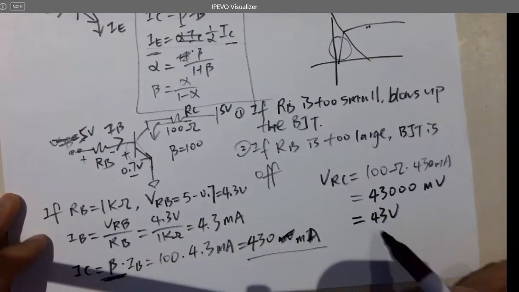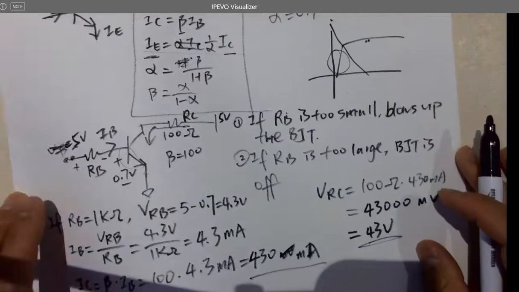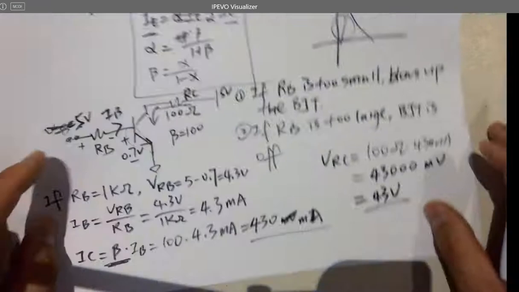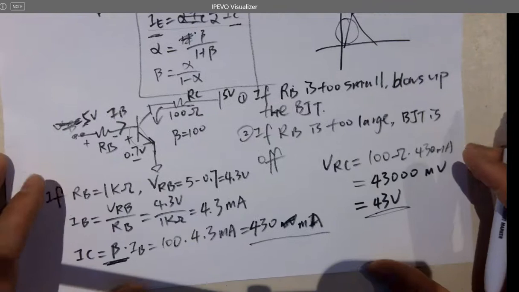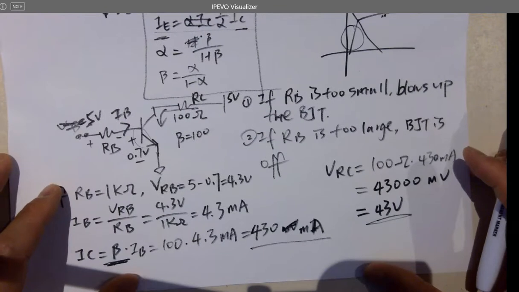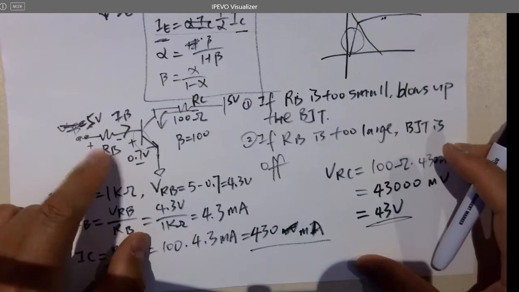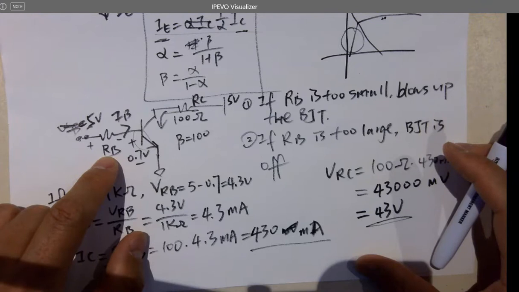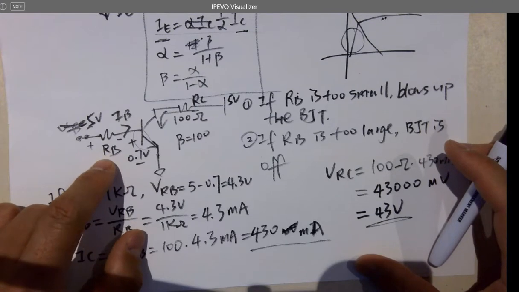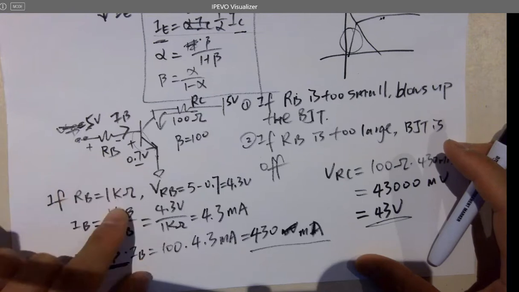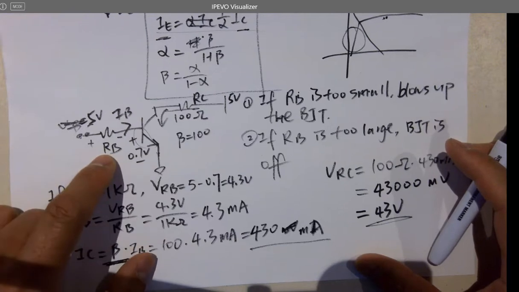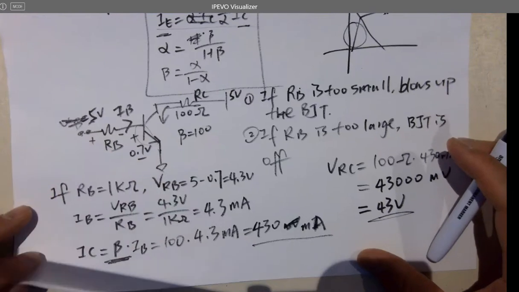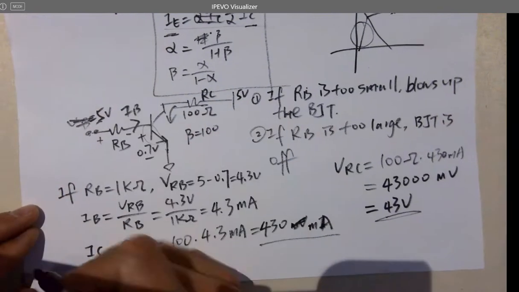That's why we are getting this weird voltage. So you cannot make this voltage too small. A 1K resistor is too small for this case. Then increase the resistance a little bit.